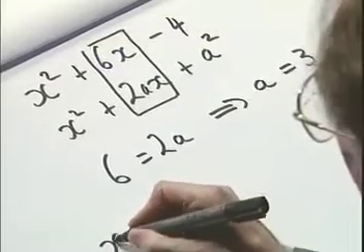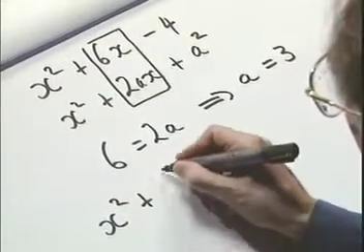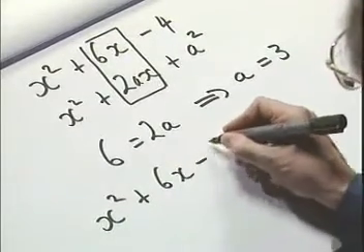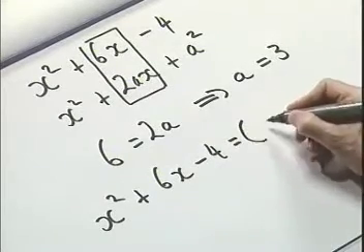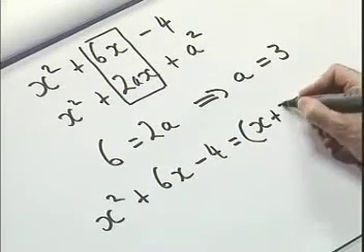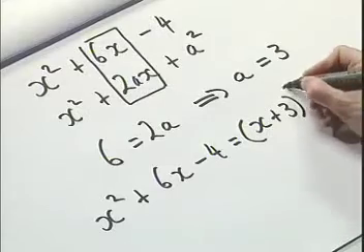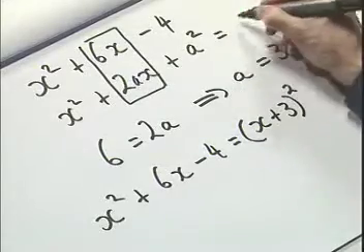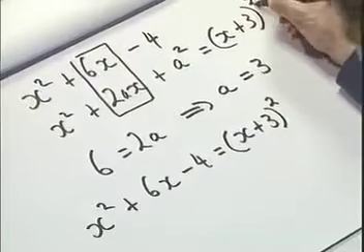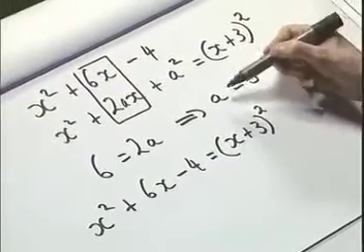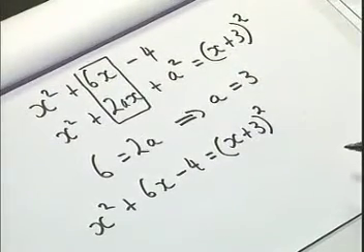So let's write this down. x squared plus 6x minus 4 equals (x plus 3) all squared. Remember, this is (x plus 3) all squared. Now I'm replacing the a by 3.